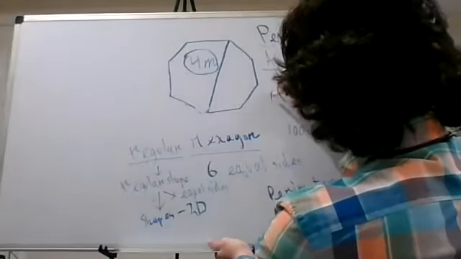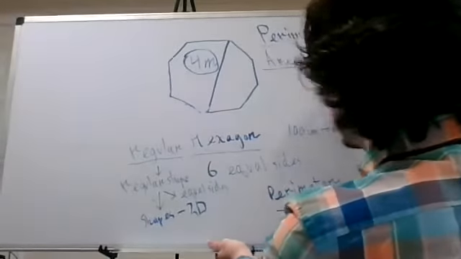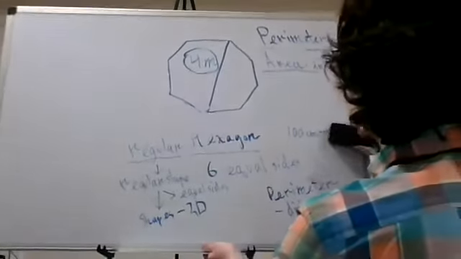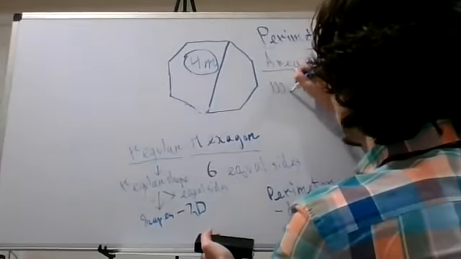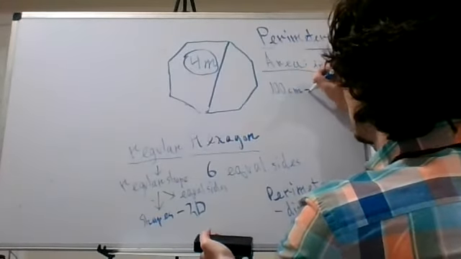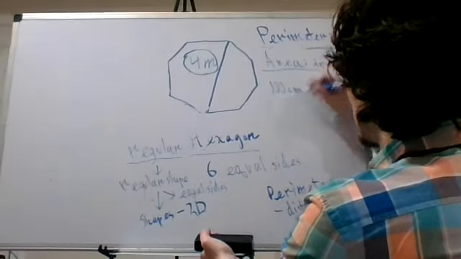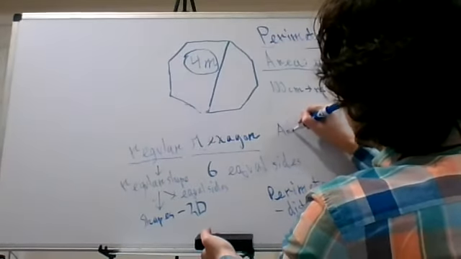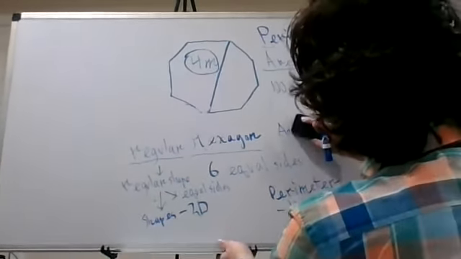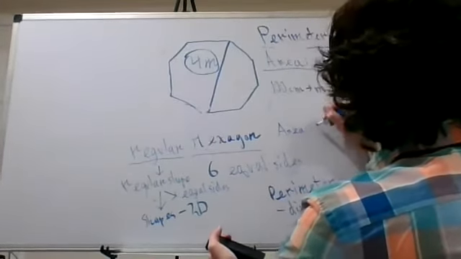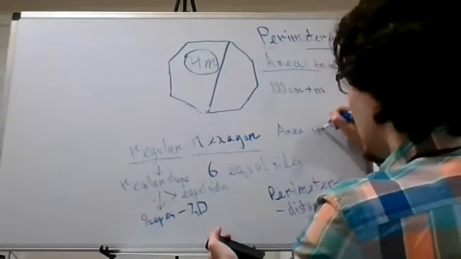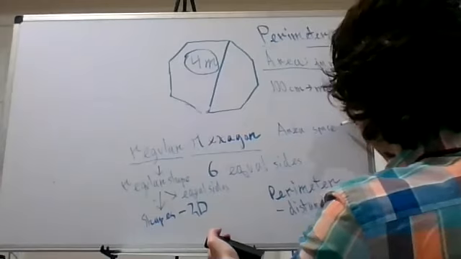So area is the space that the shape occupies.